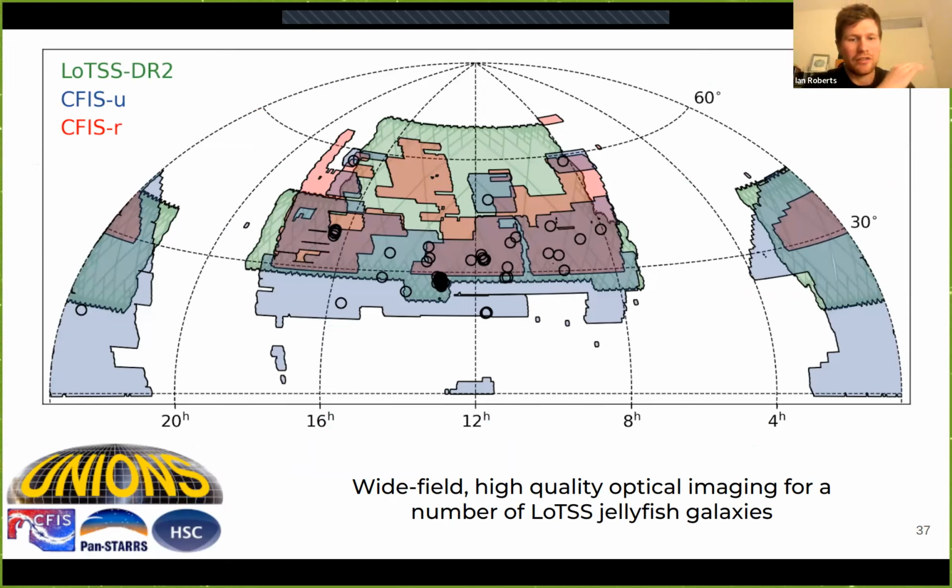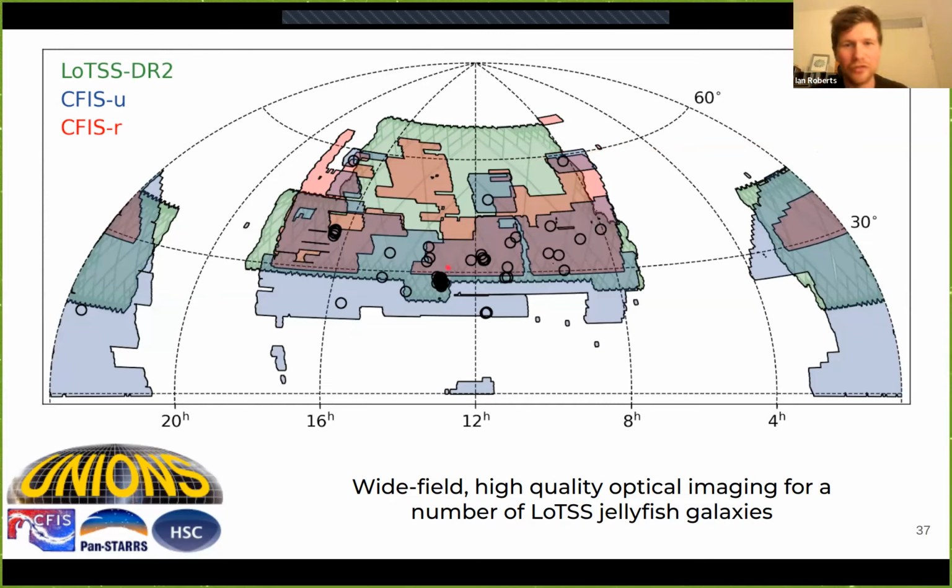This is work in progress, but I'm also using data from the Unions consortium here in Canada, in particular the U-band component from CFIS. So this is CFHT U-band imaging, which has a lot of overlap with the LoTSS DR2 area. The LoTSS is in green here, and the CFIS U-band imaging is in blue.